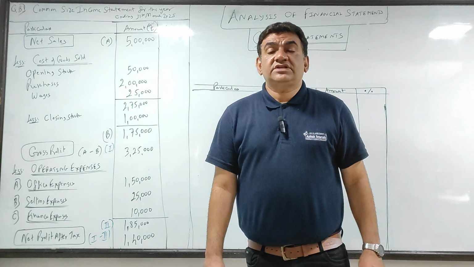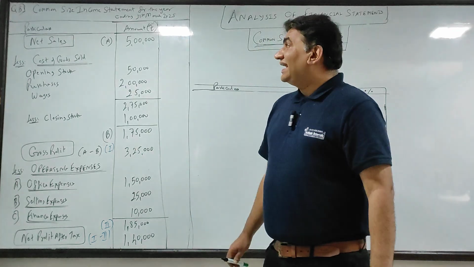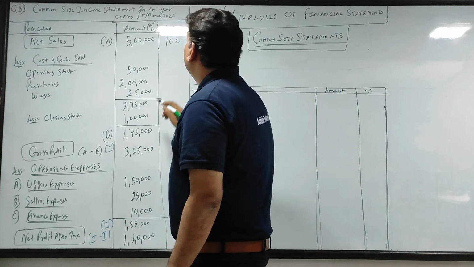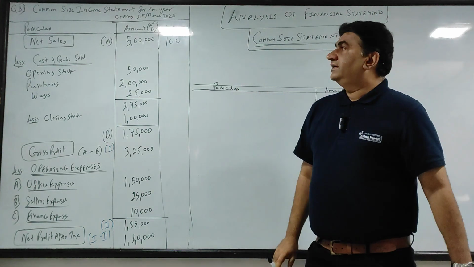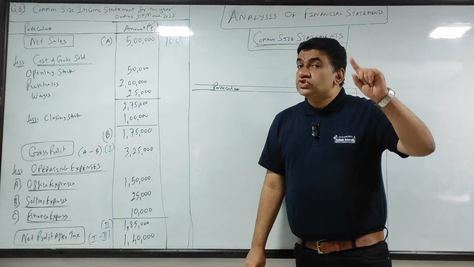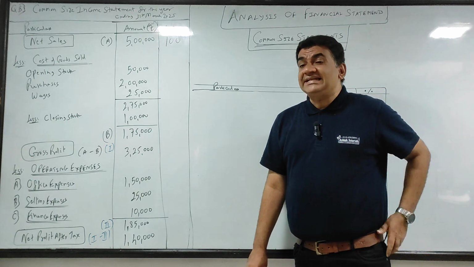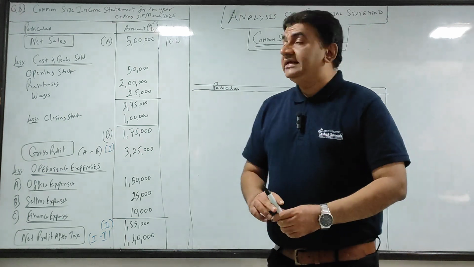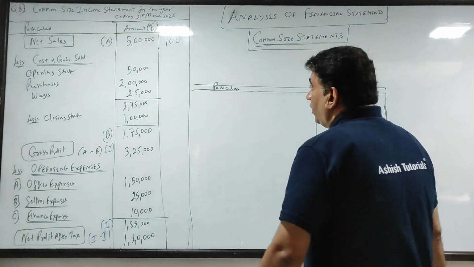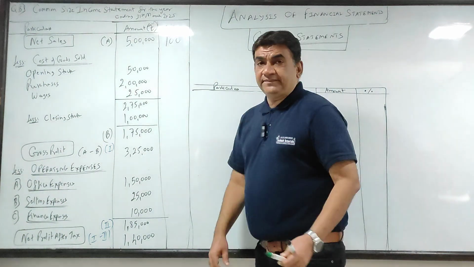Income statement will start with major source of revenue, that is net sales. So net sales, you make it as 100. There the balance sheet total, that is capital employed, was 100. Here the net sales will be 100. Now what you have to do, guys, the same thing.